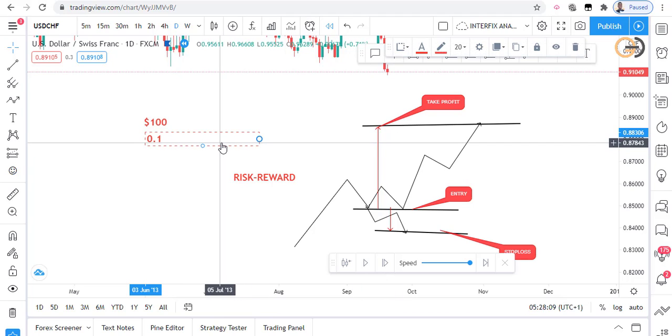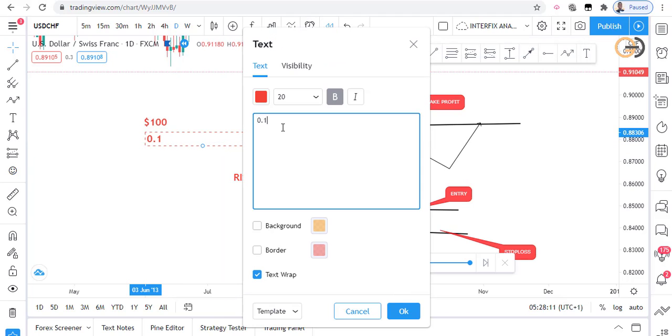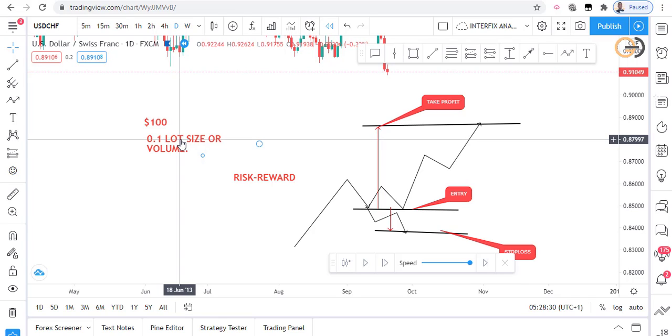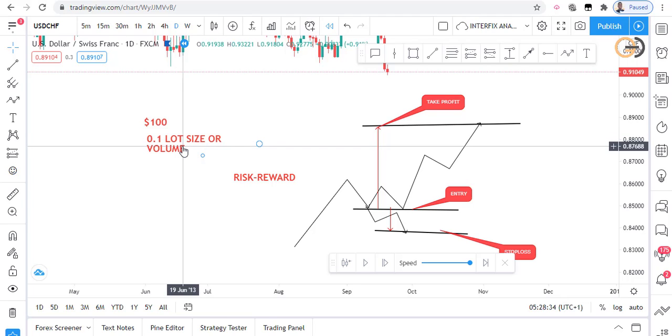So if the market goes against you for a lot size of 0.1, let me state it clearly here. This is lot size, or you call it volume. For every movement the market makes for you, you are going to get a cent. For every movement the market makes against you, you are going to lose a cent.